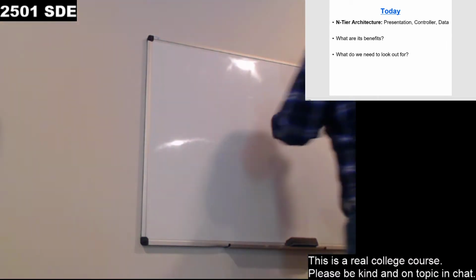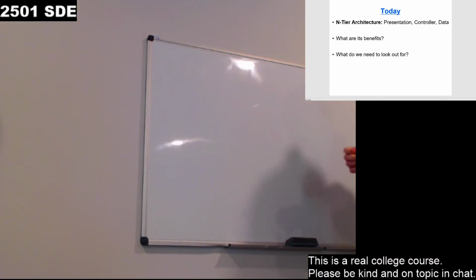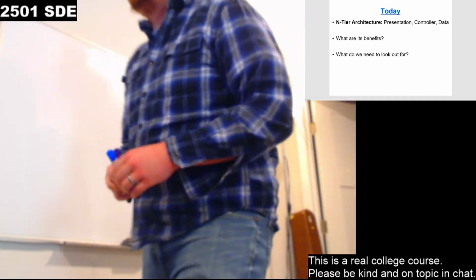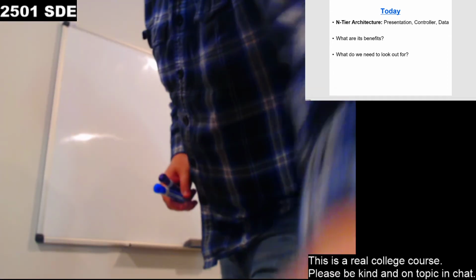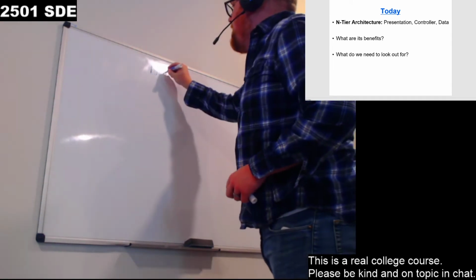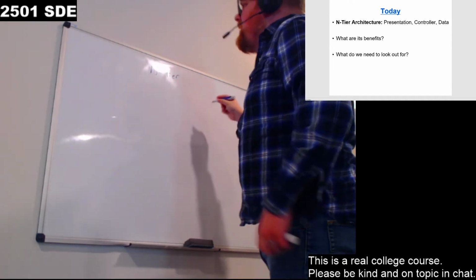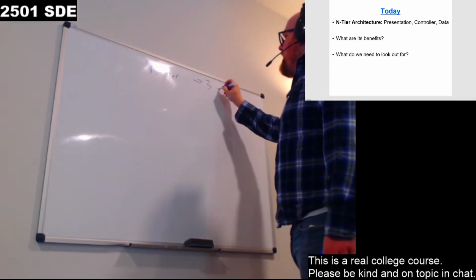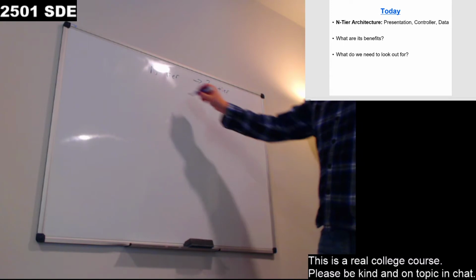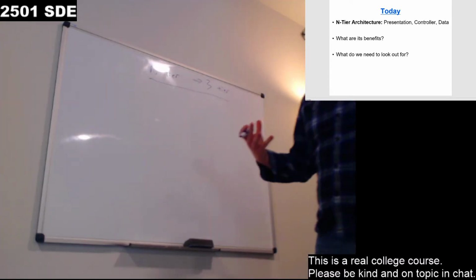So, with our 3-tier architecture, and by the way, technically you can call this N-tier architecture, but it just so happens that the most common architecture is a 3-tier architecture. Technically, we can have more tiers, but generally we focus on 3-tier.